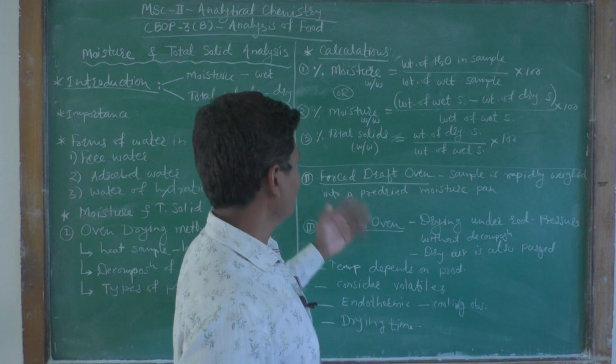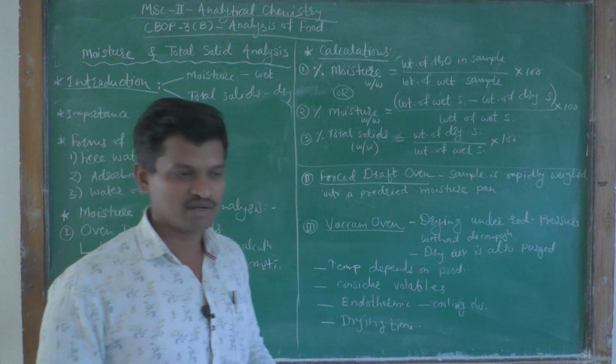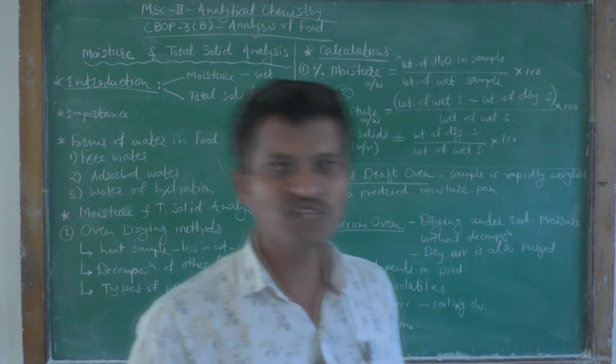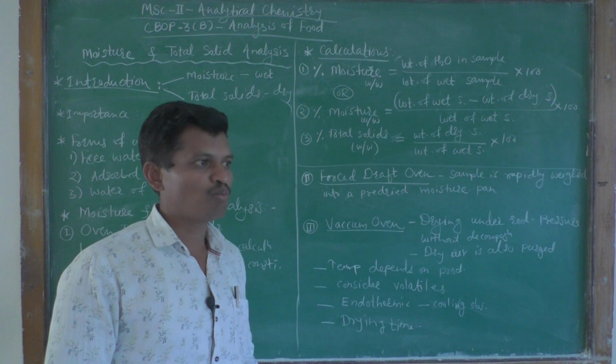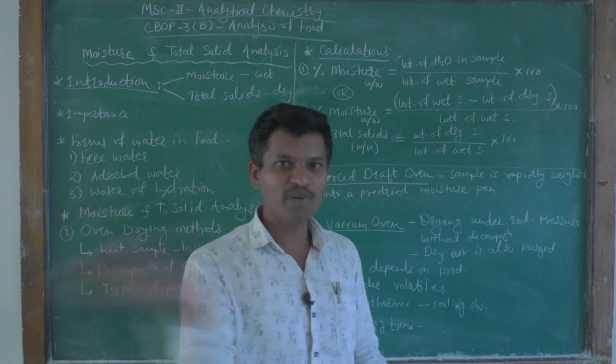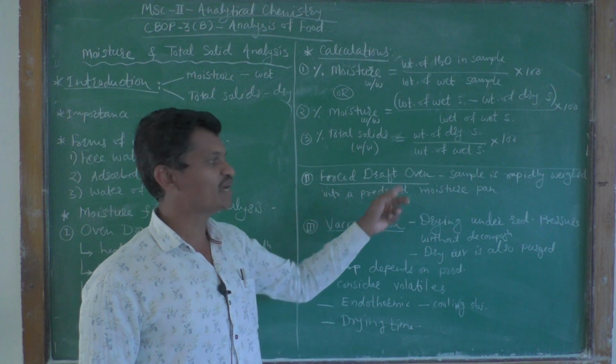Then the second most important is the forced draft oven. What is force? This word is important. Forcefully means the sample is rapidly weighed into a pre-dried moisture pan.